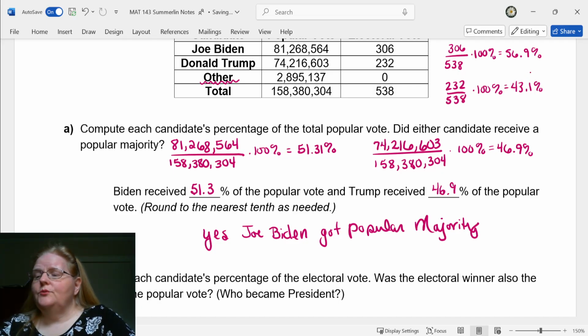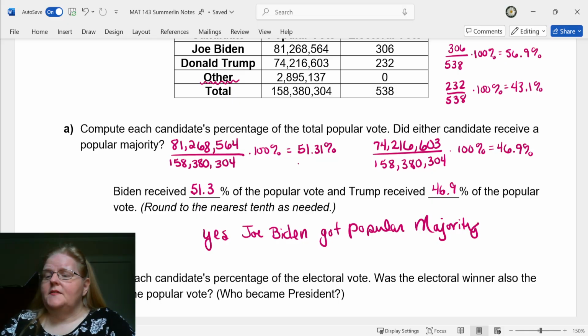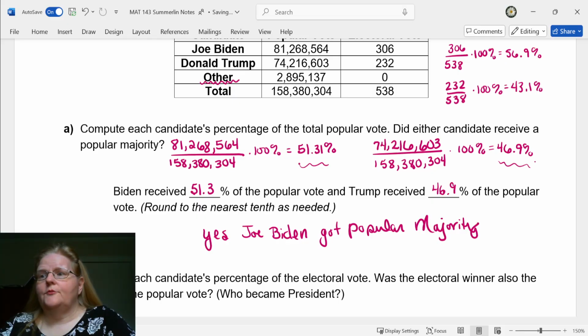What I want you to understand is that this number plus this number does not equal 100%. But this number plus this number does equal 100%. That's because this number plus this number does equal that number.